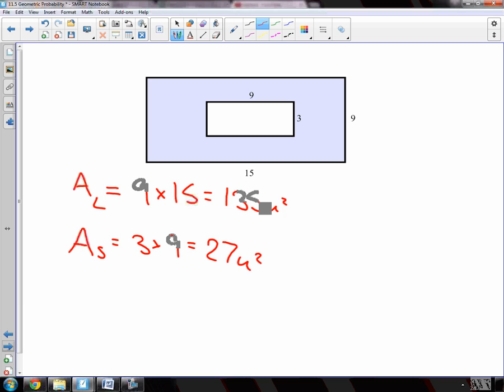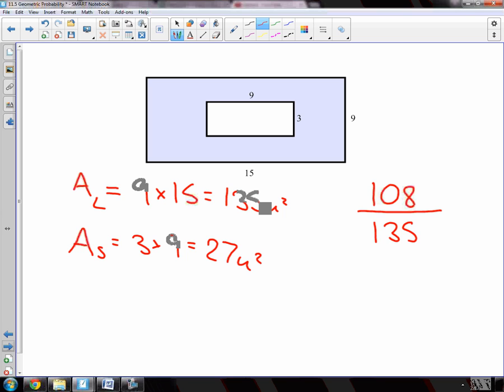108. So since that is the region we're looking for, we're going to put that on top of our fraction that we'll be using. And we're going to divide by the total area, which is what? 135. So you've just taken what we've learned the past couple of days about finding the area of different polygons and different shapes, and that is now a probability.